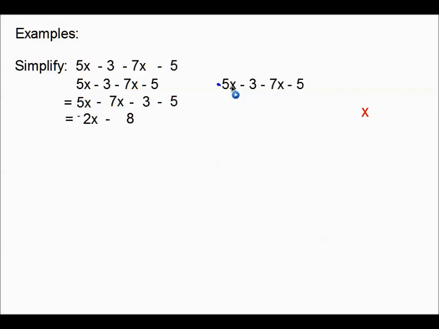So write the expression down again, collect our like terms, and now what you have to do is say, well, this is equal to 5x. Subtract 7 is the same as adding its opposite, which is -7. To subtract 3 is the same as adding its opposite, which is -3. To subtract 5 is the same as adding its opposite, which is -5. Now we can collect the like terms and say that 5 add -7 is -2, so it's -2x. -3 plus -5 is -8.